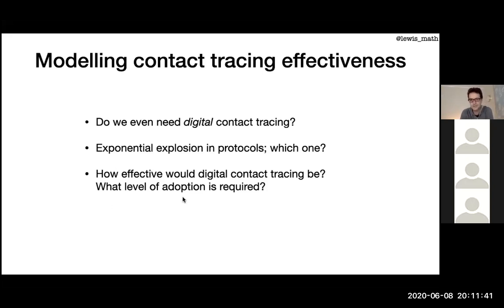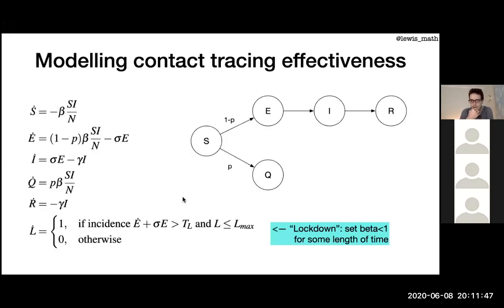And I go through these because they actually inform some of the decisions that we make in setting up the model. And so here's the model that we wrote down for modelling contact tracing. In a lot of ways, this is a very simple model. This is a very standard epidemiological model. And in fact, it's not an SEIR model, it's an SEEII model.